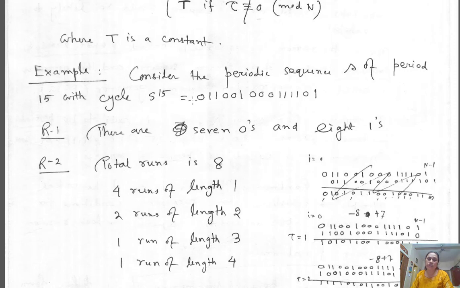Total runs 1, 2, 3, 4, 5, 6, 7, 8. Total 8 runs I have. Runs means consecutive same value. So 0, this is 1 run. Then 1, 1, this is another run. 0, 0, another run. 1, another run. Total 8 runs I have.